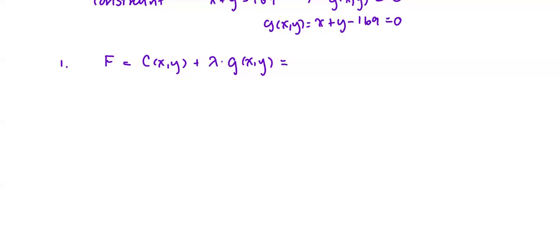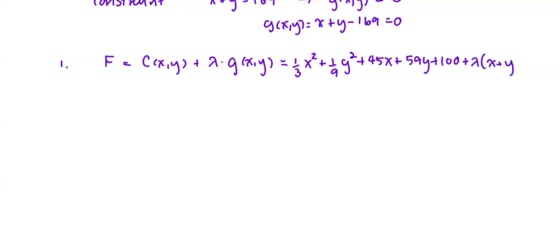So our Lagrange function is in the form of 1/3 x squared plus 1/9 y squared plus 45x plus 59y plus 100 plus lambda multiplied by g, which is x plus y minus 169.